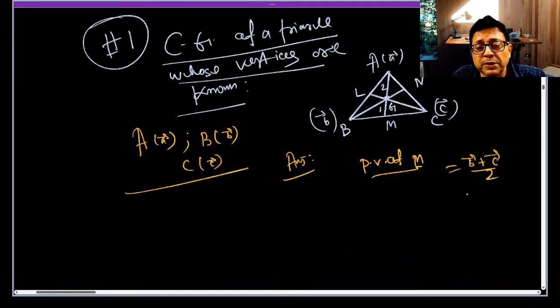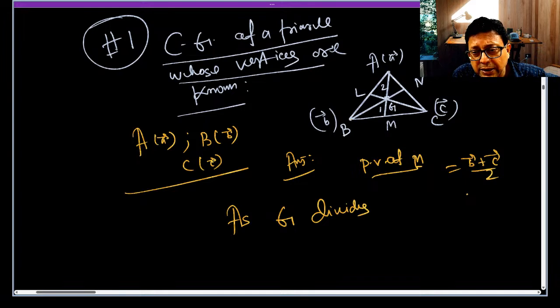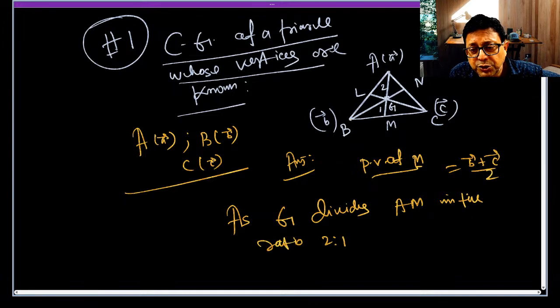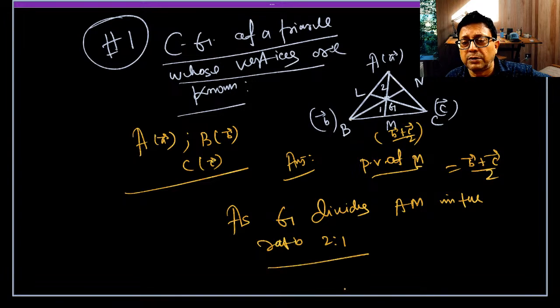Now go by section formula, as G divides AM in the ratio 2:1. M we got here as B plus C divided by 2.